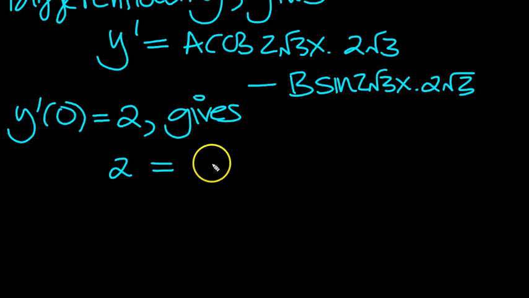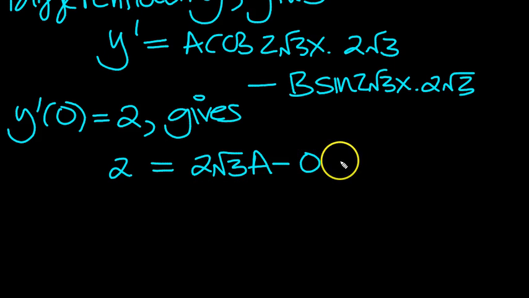So a times 1 times 2 root 3 is 2 root 3 a, isn't it? And then the sine of 0 is 0, so this whole thing will be 0. So then we can read off a. So a is equal to, move the 2 root 3 underneath the 2 on the other side.